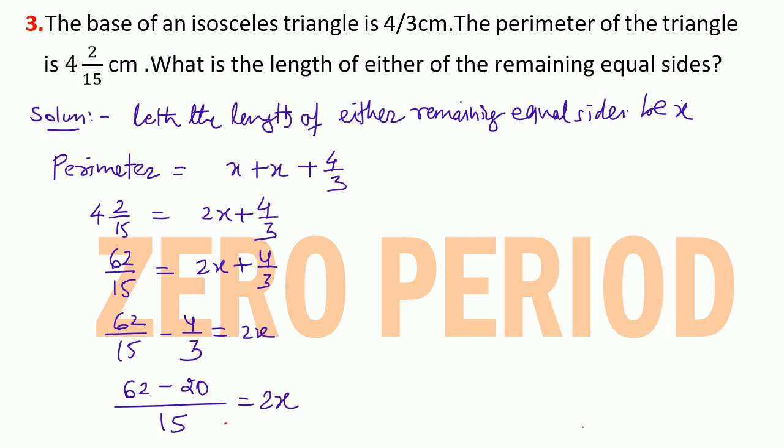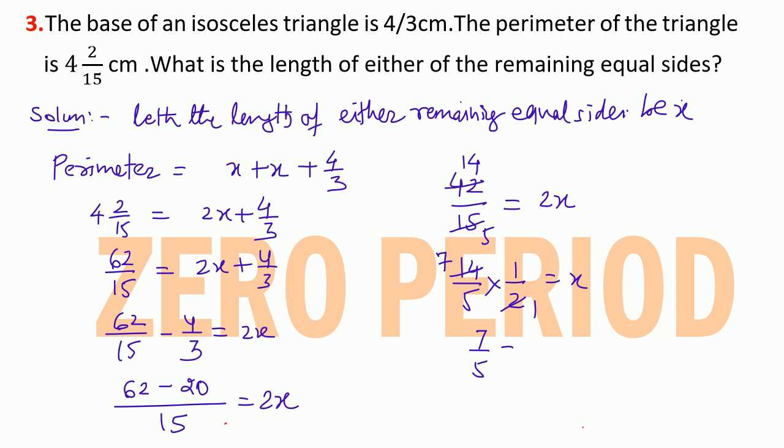62 minus 20 is 42. 42 upon 15 is equal to 2x. This can be simplified. 3 times 5 is 15 and 3 times 1 is 3, 3 times 4 is 12, 14/5. 14/5, and this 2 comes to this side with multiplication, 1/2. 2 can be cancelled again with this 14, 7 times, so 7/5 equal to x.